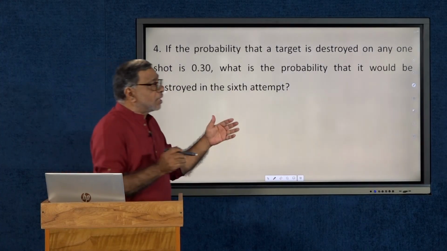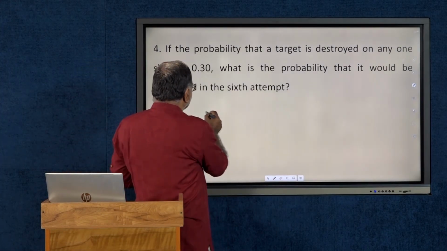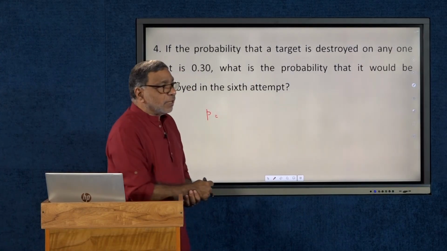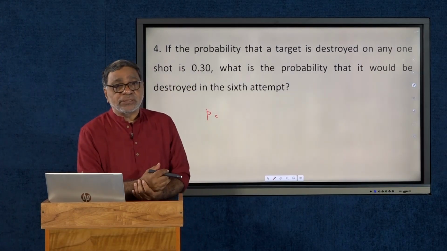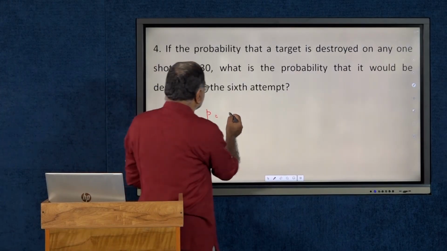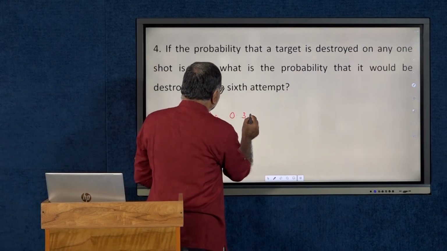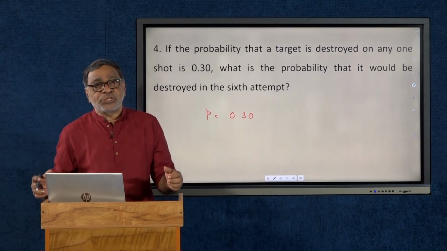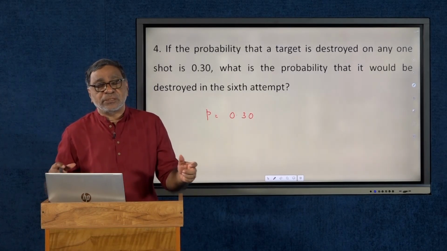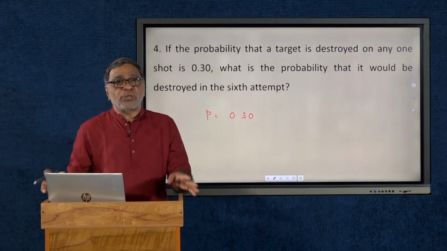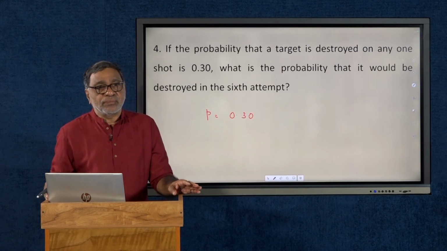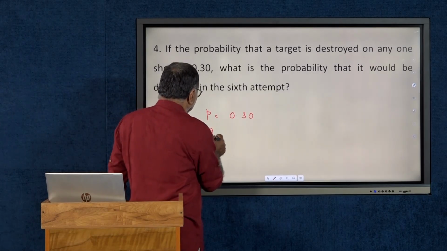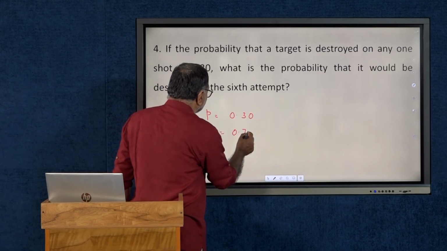So what is given actually? A target is destroyed, that is our success. Let p be the probability of getting a success, and that is given as 0.30. So p is equal to 0.30, and of course q is equal to 0.70.